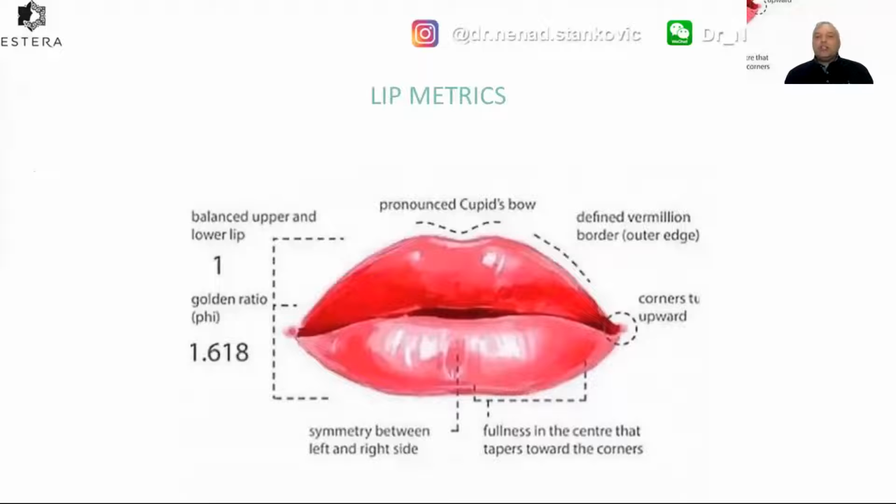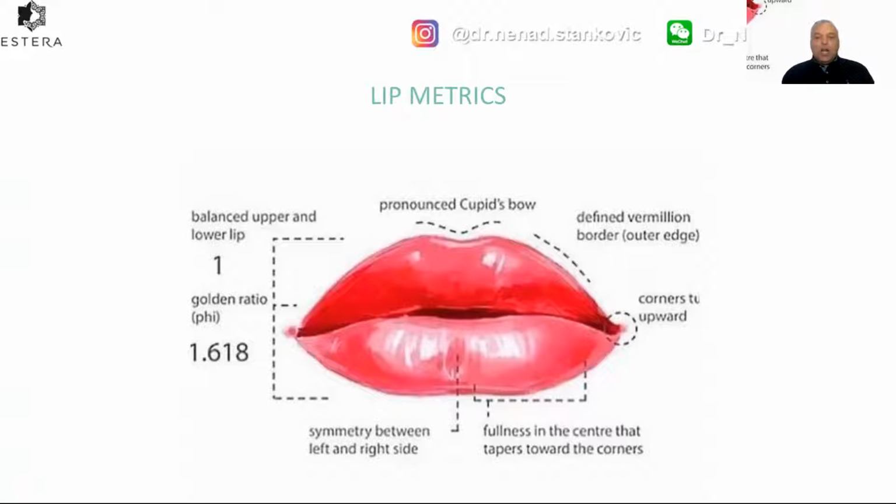And the question about lip metrics is how proportionate they should be. If we're speaking about Caucasian whites, like me, the proportion from the upper lip to the lower lip would be 1 to 1.6. This is the golden ratio.